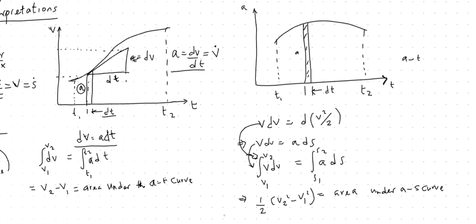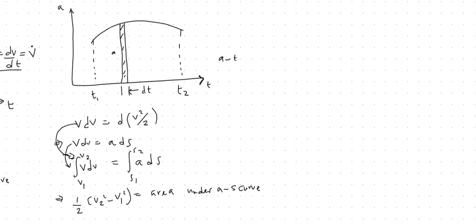So let me draw the AS diagram for you. We have something almost similar to that of AT, but the curve is a little bit different.